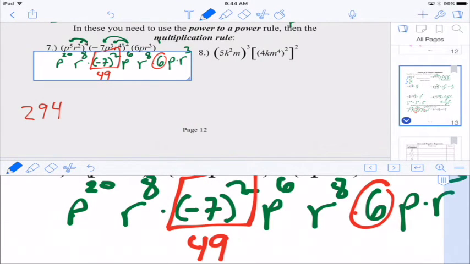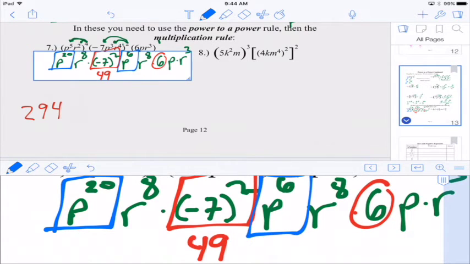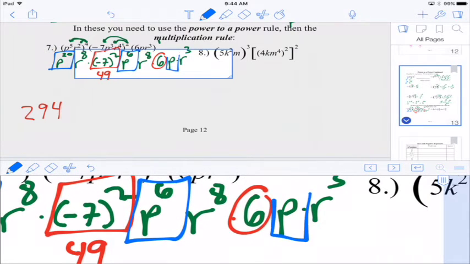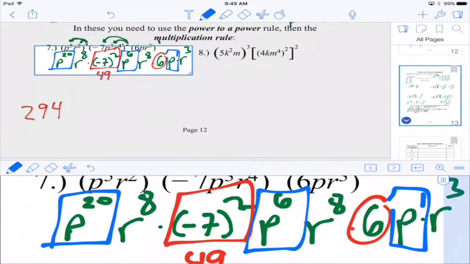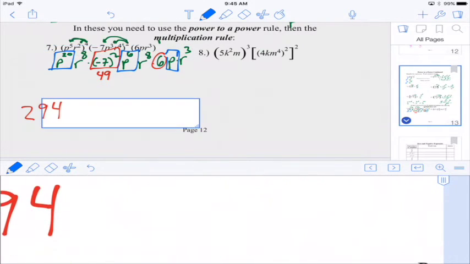Now I'm going to look at p's. I have p to the 20th, p to the 6th, and p to the 1st, really. So that means when we multiply the same base, we add exponents. So 20 plus 6 is 26, and one more is 27, p to the 27th power.